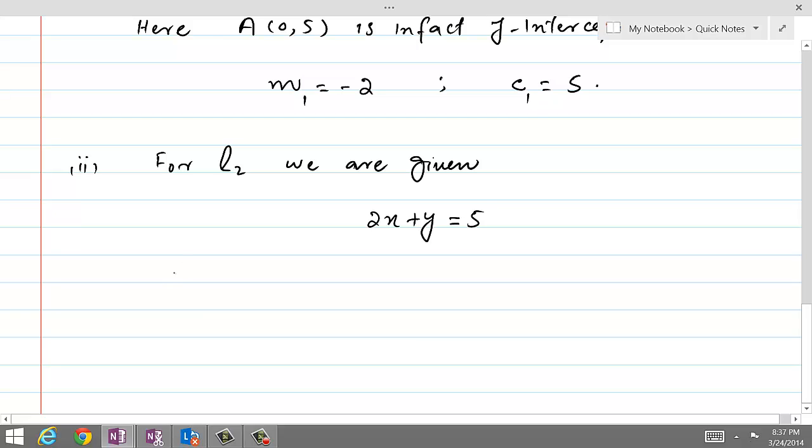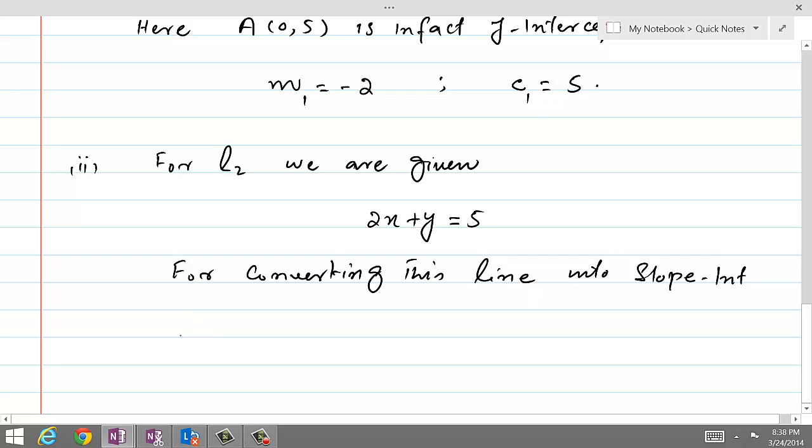So for converting this line into slope intercept form, what is the first thing we do? We isolate y on the left side.